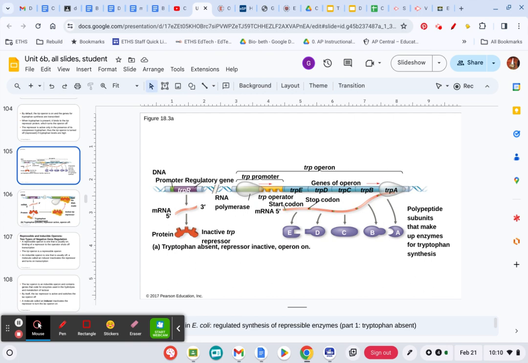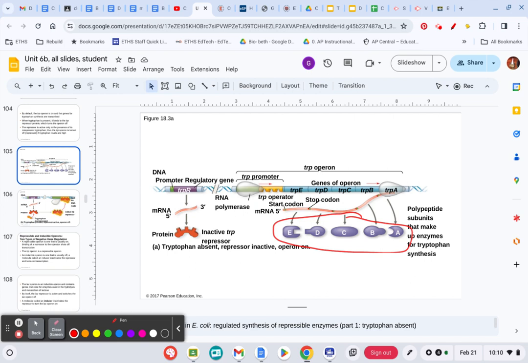And I just want to go over that again because, based on what I saw yesterday and the fact that it's new material that you've never seen before, it's good to do that. So what we want to control, what we want to regulate, is whether or not these guys here are made. Those are the protein products that will allow us to produce tryptophan.